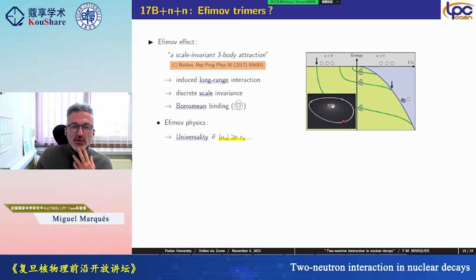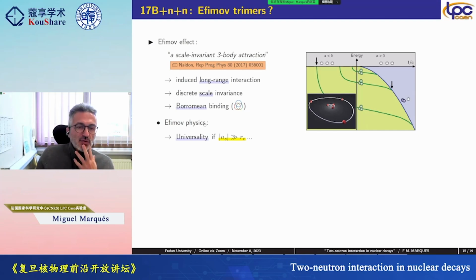So of course, you have Borromean binding. So from unbound systems, you get a three-body bound system, but you can have excited states that have just scale invariance. So the structure is the same, but they are bigger.